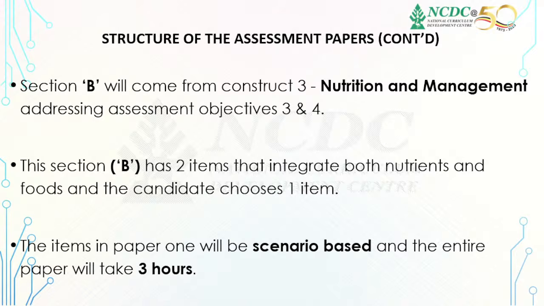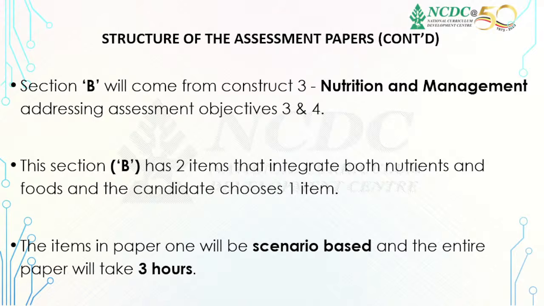And like I said, we have the management of nutritional related diseases or disorders, but we also have the management of the usual meals and of course functional meals. So we have all that in section B. We will have 2 items in this section, but the candidate will be expected to choose only one.